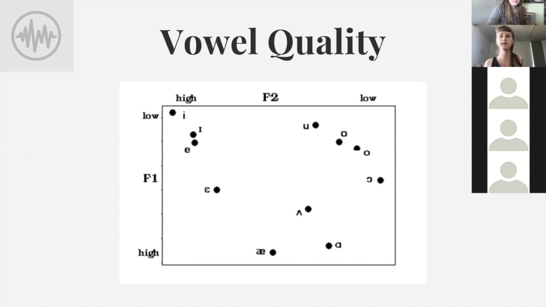You plot F1 against F2 inverted. Can I ask you a question? Yeah. Okay, so if I'm looking at this graph, from my knowledge of the vowel quadrilateral, like you just said, the vowels towards the left are the ones produced with your tongue more front in the mouth, and that varies on how high or low it is. The middle is the mid part of your mouth, and then the back is further back.